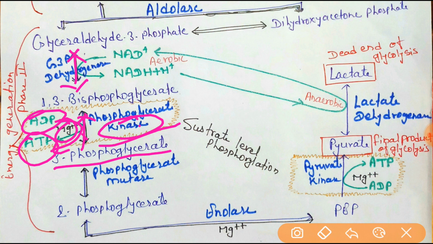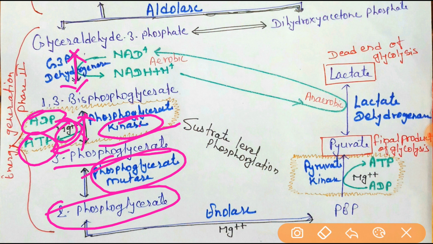3-phosphoglycerate is converted into 2-phosphoglycerate in presence of phosphoglycerate mutase, and this is also a reversible reaction. 2-phosphoglycerate is converted into phosphoenol pyruvate, PEP, by the enzyme enolase in presence of magnesium.